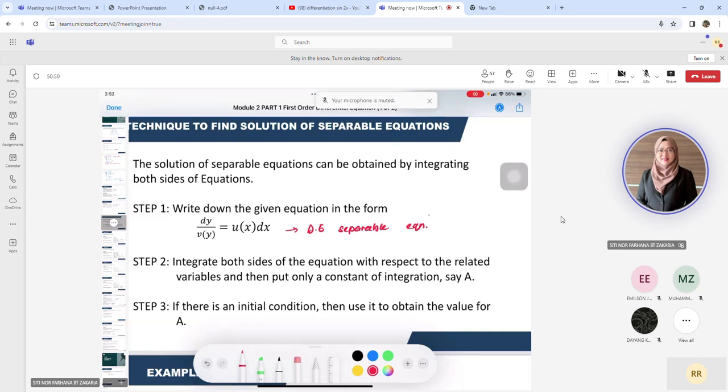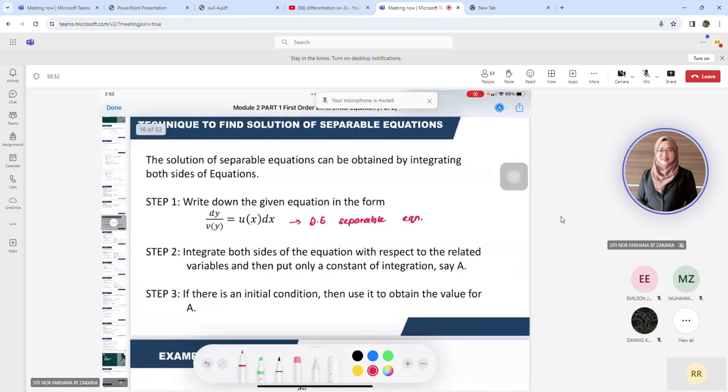Then, if you can prove that DE is separable equation, you can move to step 2. You need to integrate both sides of the equation with respect to related variable, and then put only a constant of integration, let's say A or K.